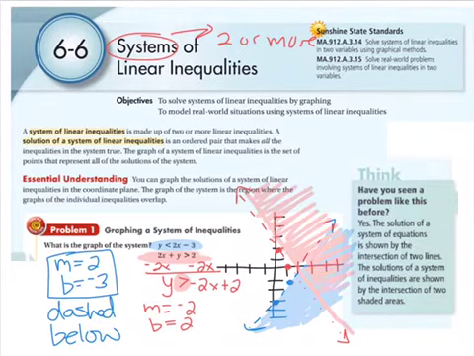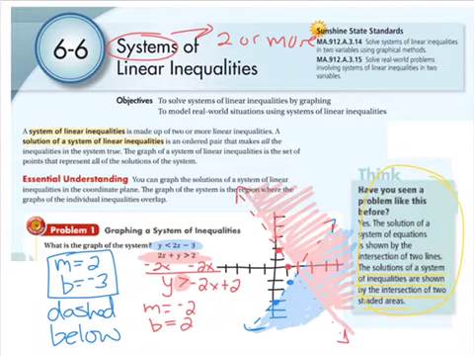Now, the solution of the system of inequalities is going to be, and you can see off to the side over here, they have this little hint box, and it says specifically that the solutions of a system of inequalities are shown by the intersection of two shaded areas.